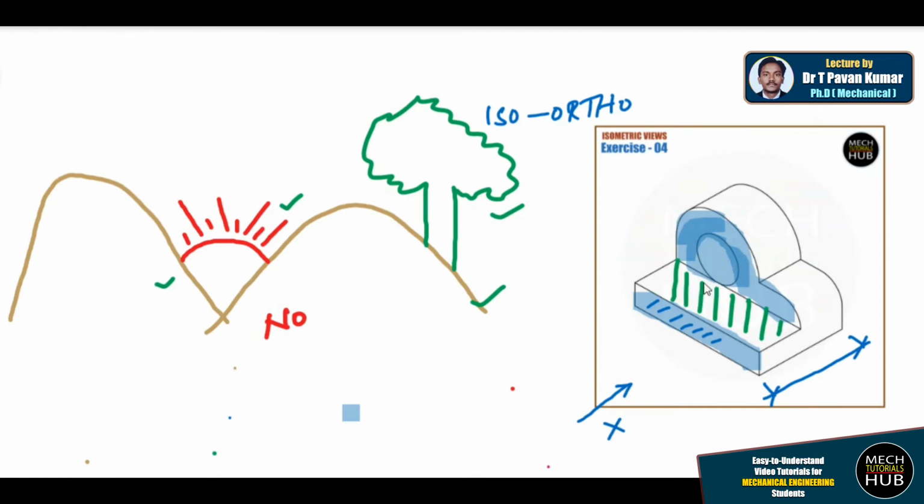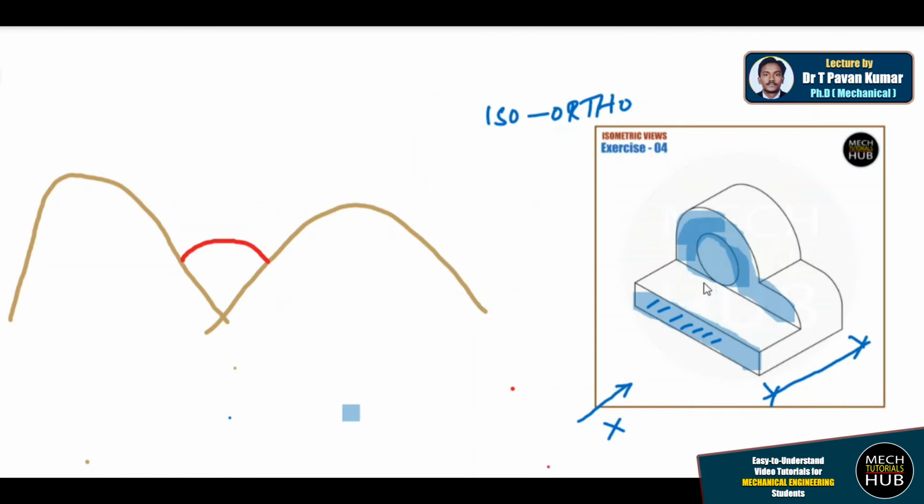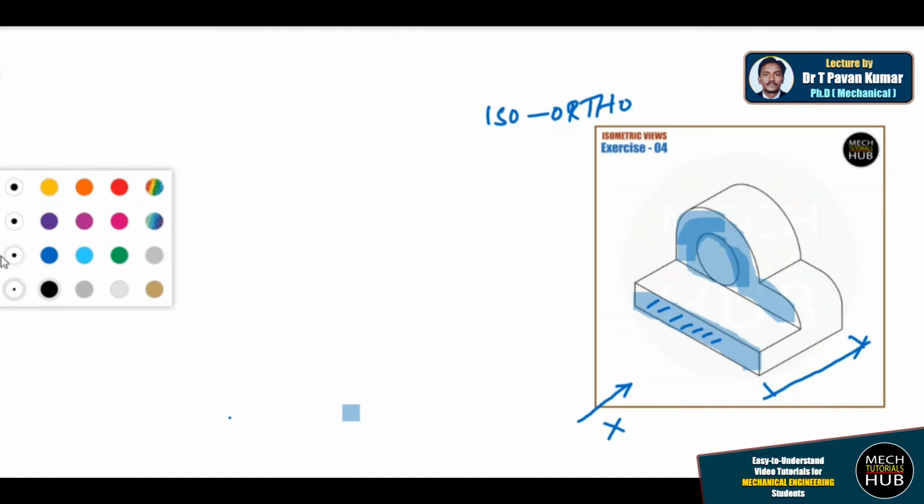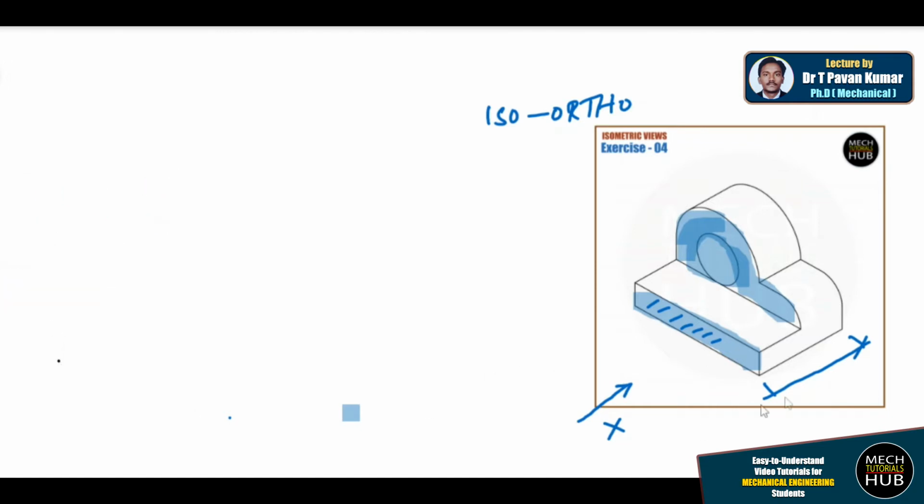All right, let me remove this. Till here it's fine. Now from the front, whatever is visible we will draw with the help of simple sketches. When I view from here, I could see this rectangular piece followed by the profile.